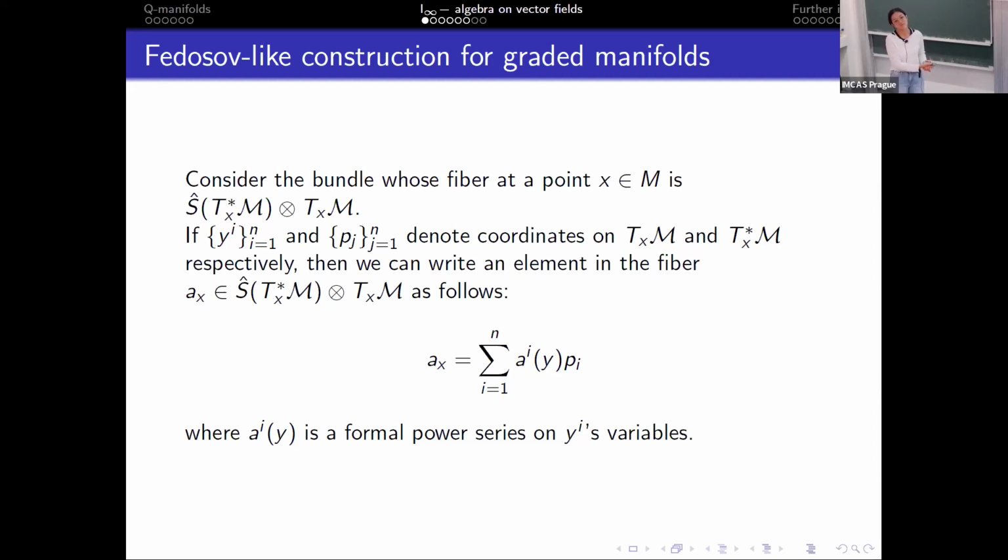But what are these sections? So these are vector fields. They are usually called formal vector fields. So if you fix a base point x, you will have something like a tangent vector whose coefficients are a formal power series.